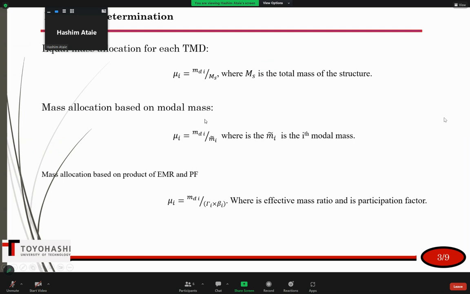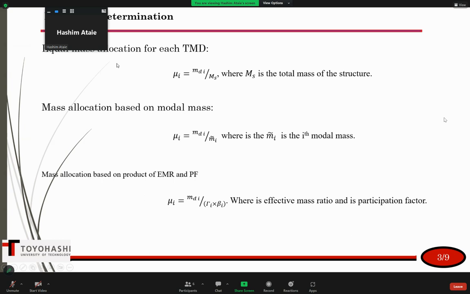Since I modified something in the calculation of mass ratio, before I calculated the mass ratio of each TMD, the mass of each TMD over the total mass of the structure, but now I modified it.